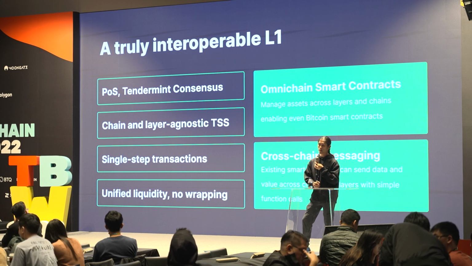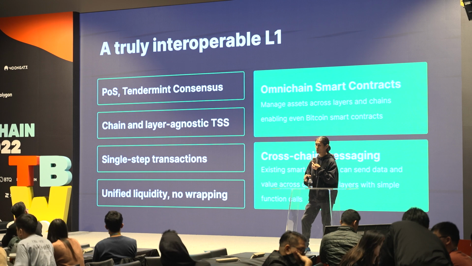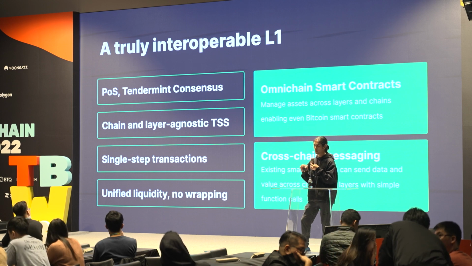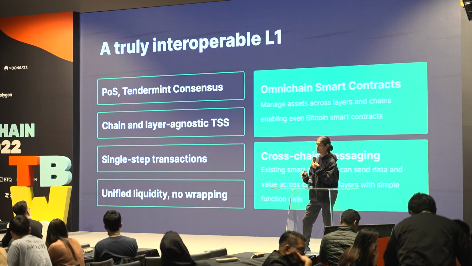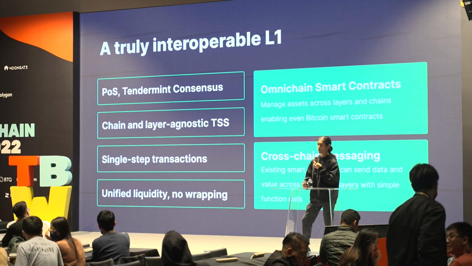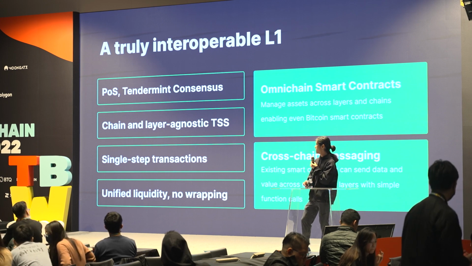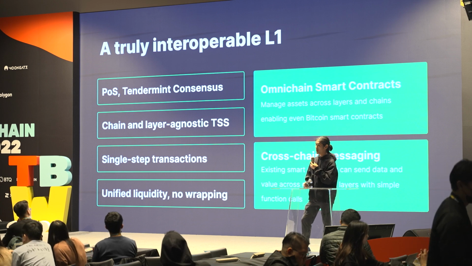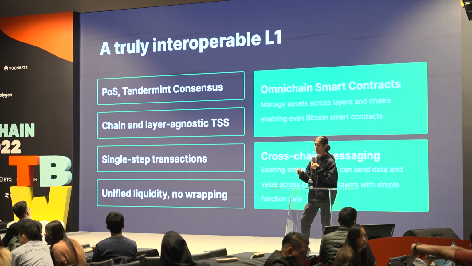And this can be integrated into signing on any chain, really, whether it's Bitcoin, Dogecoin, Solana, EVM ecosystem. It is agnostic to chain and layer and doesn't really require any integration work on the network itself. It's just on ZetaChain's side. And then another cool thing about this is everything on ZetaChain can be abstracted to a single step transaction.